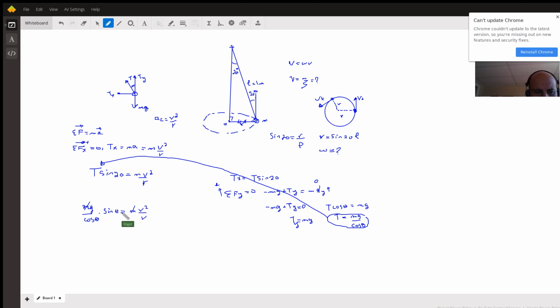So you end up here with g sine theta over cosine theta equal to v squared over r.